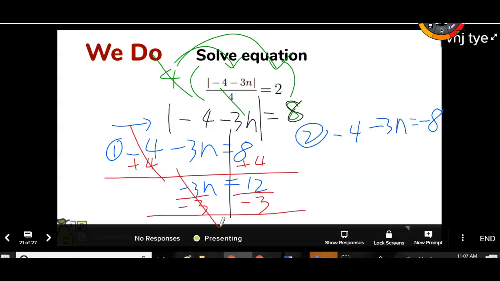So you have n equals 12 divided by -3 is -4. So this is one result. You solve the other equation the same way. First add 4, then divide by -3. I'm not going to solve it. You should have n equals 4/3.